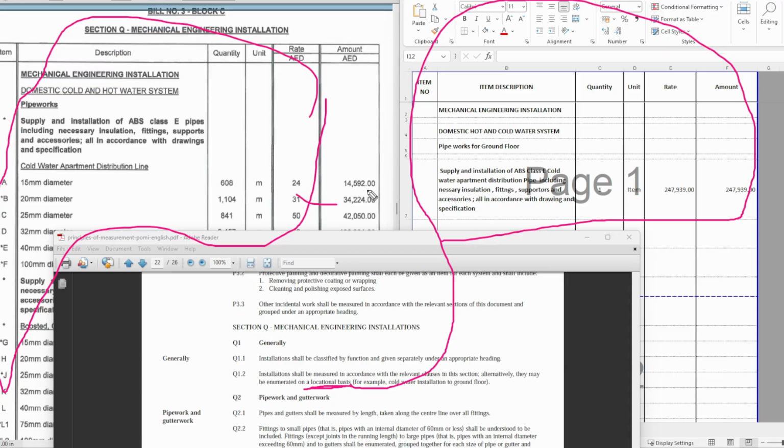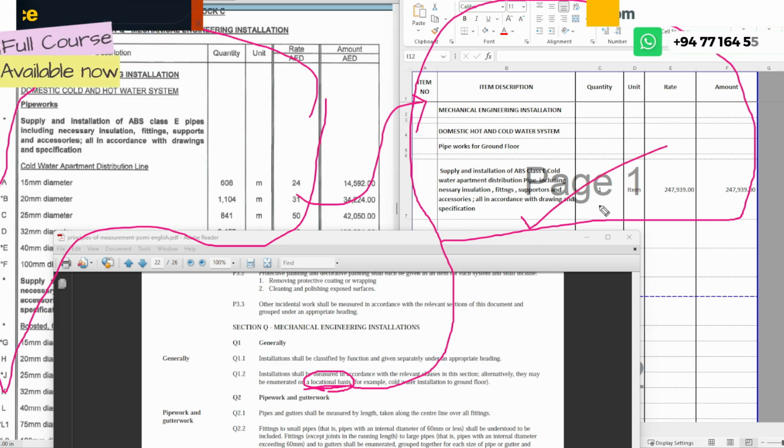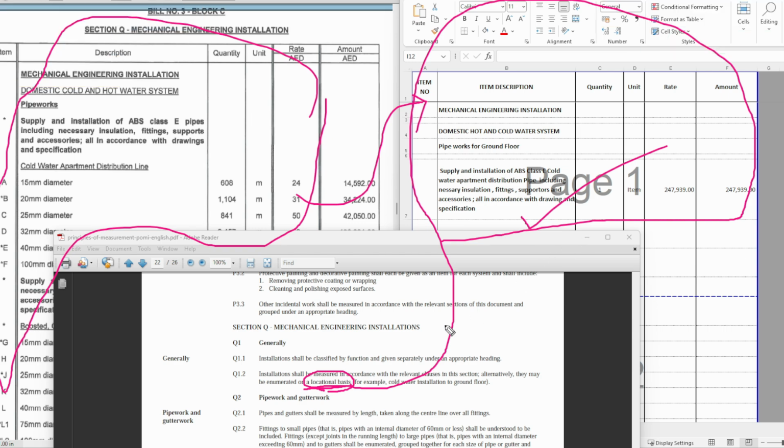We can also produce a BOQ in this format. The location basis concept means lump sum prices, so we have to include all the items together, with no other detailed breakdown. The same concept can also be implemented for electrical items.